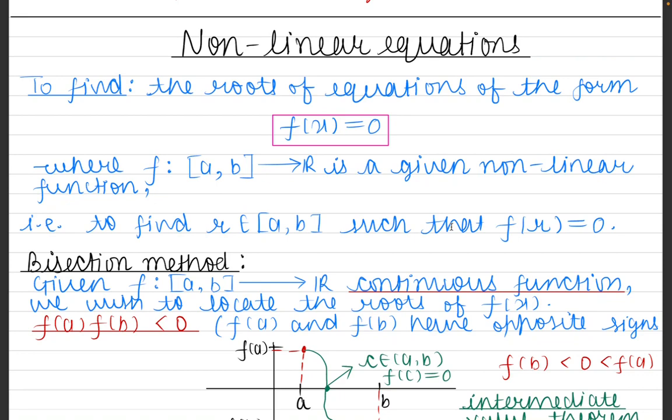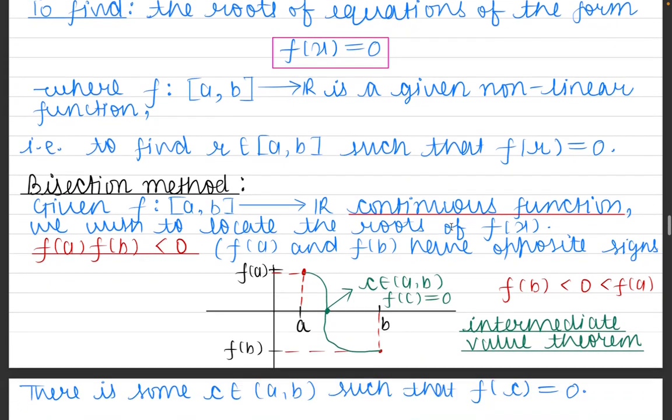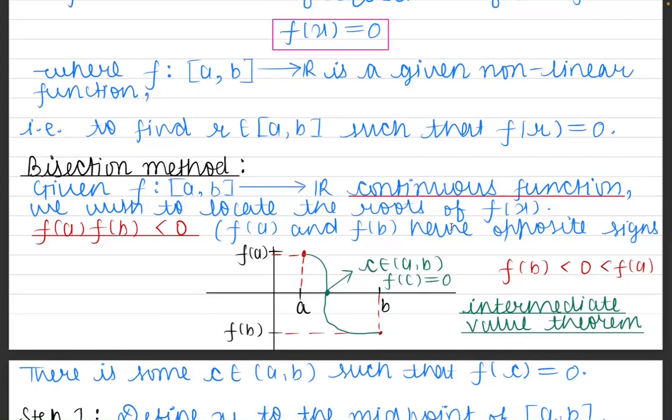Now you see, it is well known that all roots of a nonlinear function cannot be solved explicitly to obtain the exact value of the roots. So hence we need to look into methods which will give us an approximate answer to this equation f(x) equal to 0.